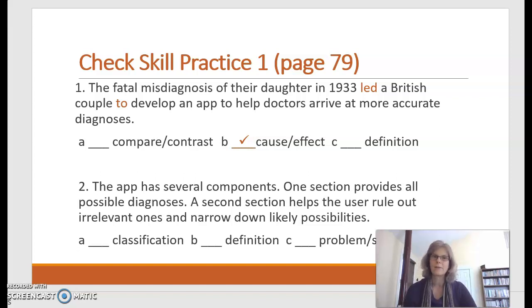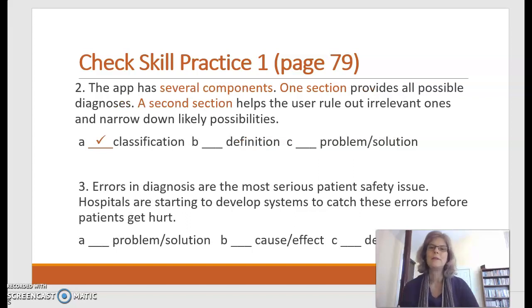That's cause and effect, right? But what about number 2? They're talking about the app, and what's the signal word that comes out to you there? So if you see several components, one section, a second section, you're seeing classification.